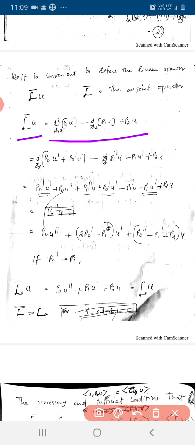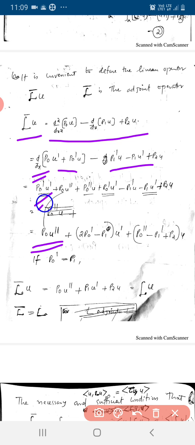As you apply the product rule and differentiate, we will take first d by dx of p0 u, then d by dx of that is written here, and certain terms will get cancelled, and we will have this: p0 u double prime, 2 p0 prime u prime.